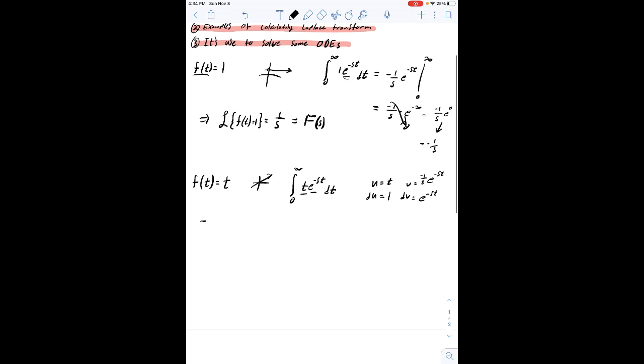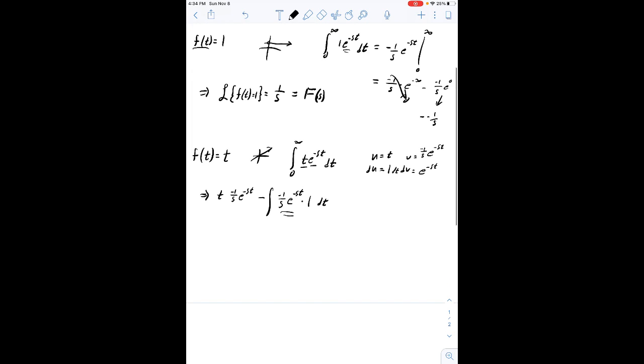Now we just plug that into our integration by parts formula. So we have uv, that's t times negative 1 over s e to the negative st, minus the integral of v, which is negative 1 over s, times du, which is equal to 1, dt.